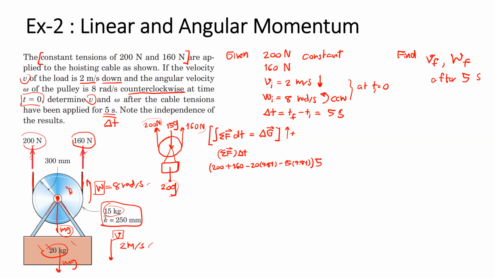This should equal the total mass multiplied by V final minus V initial. The total mass of the system will be 20 kilogram plus 15 kilogram.